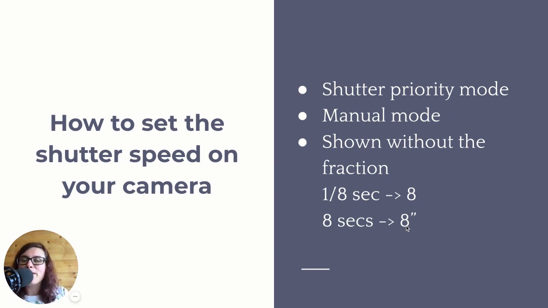If you see the number with the quotation marks, that actually means 8 seconds or 16 seconds or 30 seconds or whatever, okay? Many cameras will not allow you to shoot above 30 seconds, so that will be their longest shutter speed. So you will see 30 and then the two little quotation marks. So that's how you will see it on your camera display.